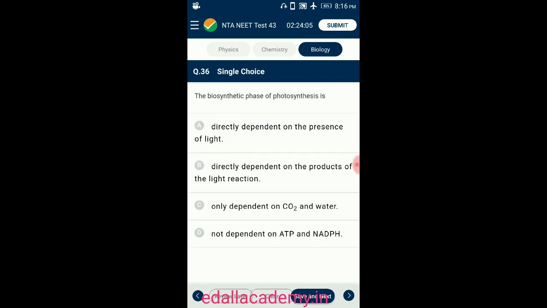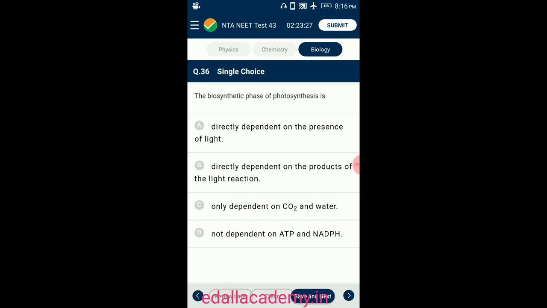Question 36. The biosynthetic phase of photosynthesis. The products of light reactions are ATP, NADPH and oxygen. Of these, oxygen diffuses out of the chloroplast while ATP and NADPH2 are used to drive the process leading to the synthesis of food, more accurately sugars. This is the biosynthetic phase of photosynthesis. This process does not directly depend on the presence of light but is dependent on the products of the light reaction, ATP and NADPH, besides carbon dioxide and water.